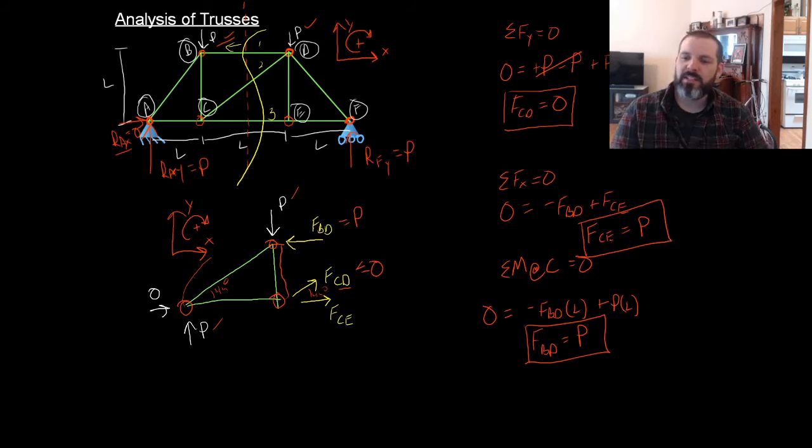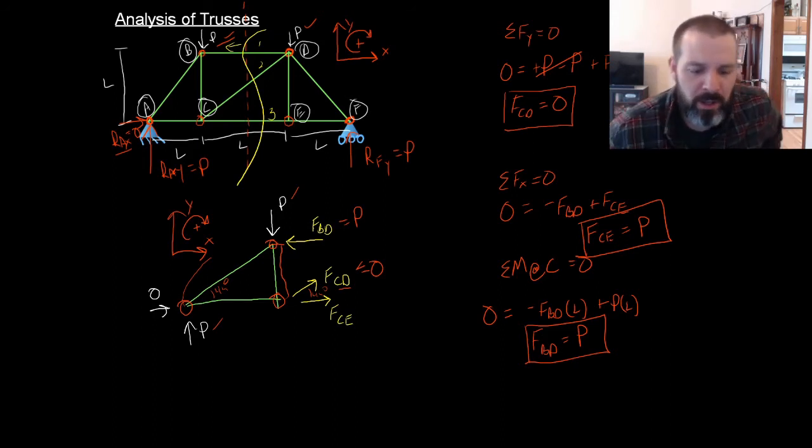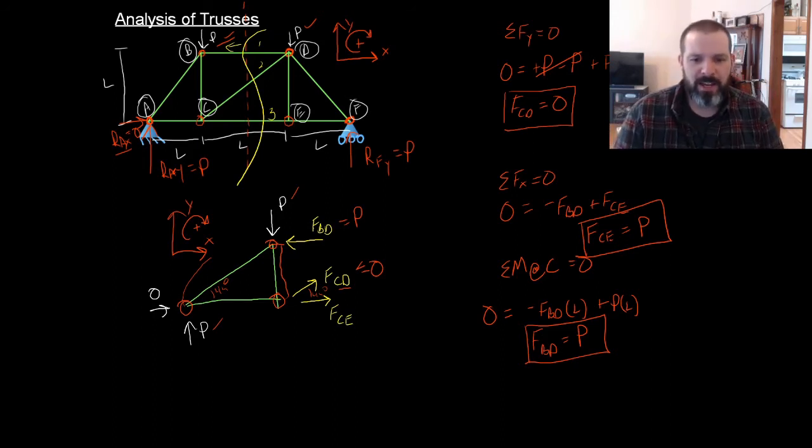So by making a section cut right off the bat, we found our three forces, FCD, FCE, and FBD. Now, if we look at how all of our forces are acting, we'll find that when an arrow is pointing into a joint like FBD, that is compression.